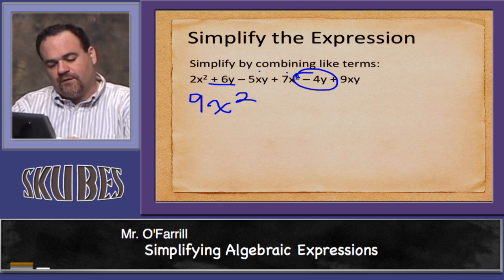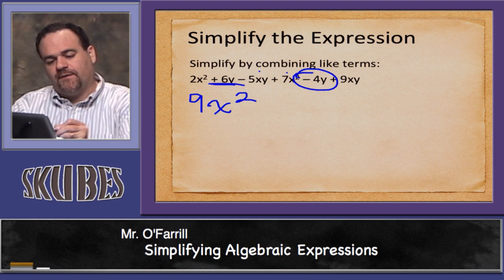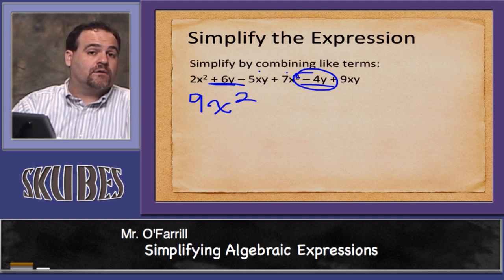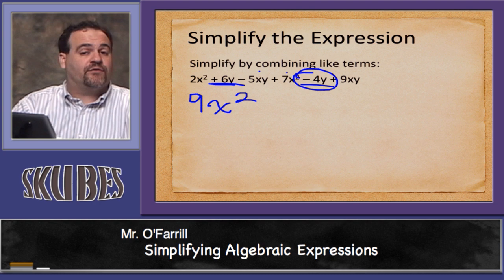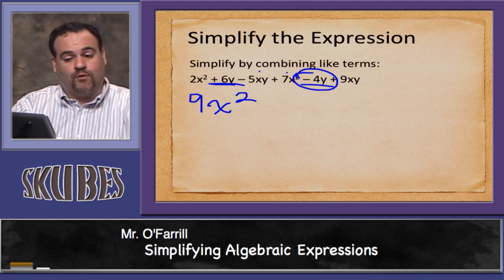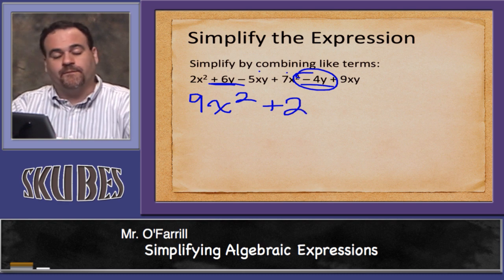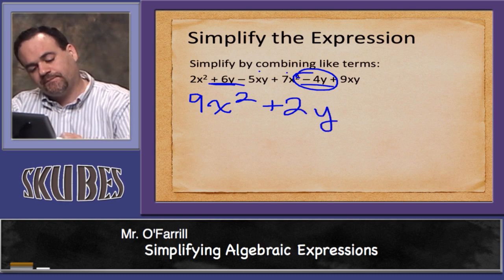So what are we going to do? We're going to do 6y minus 4y. Do the coefficients. 6 minus 4 is 2. 2 what? 2y.